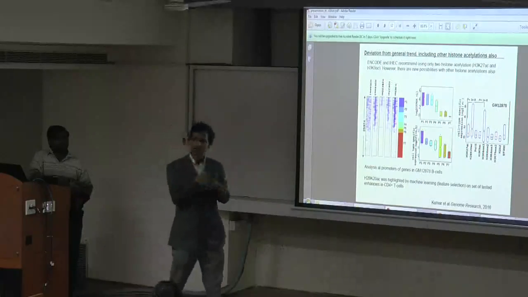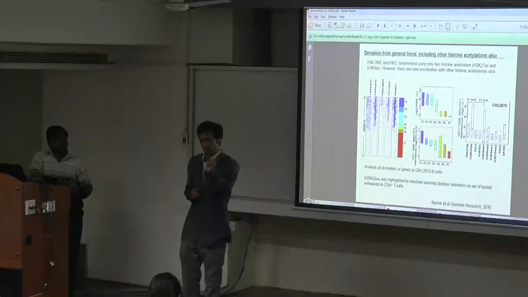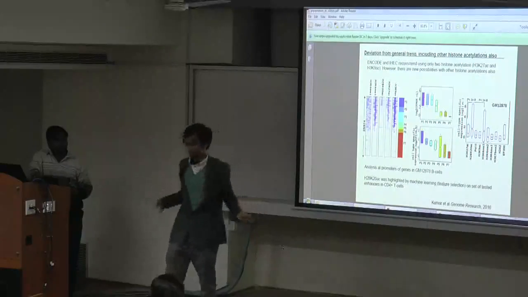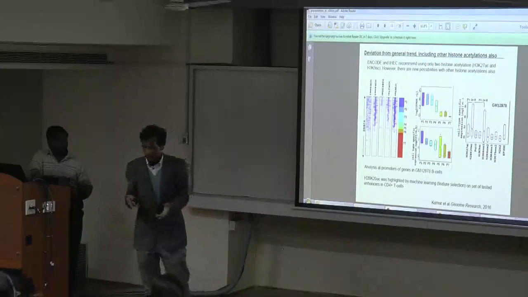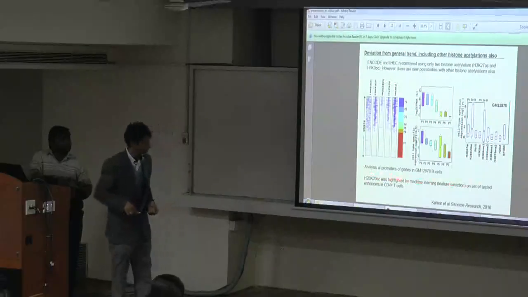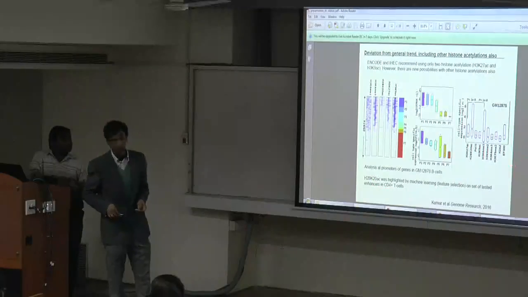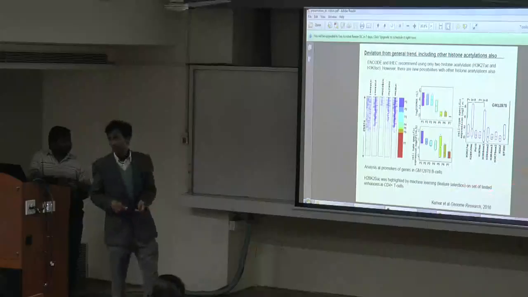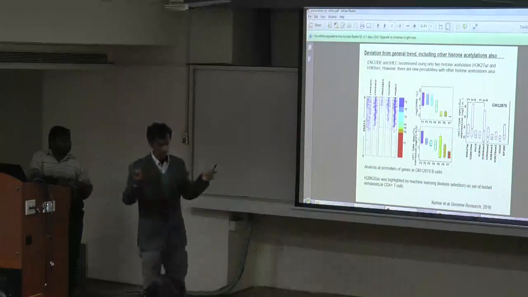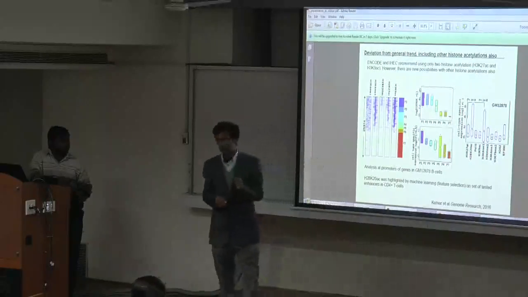There are 130 histone modifications, 35 histone acetylations, and we are just using one histone acetylation, H3K27 acetylation, to represent all histone acetylations. What about other histone acetylations? We did a study, and we did machine learning on a set of active enhancers in CD4 T cells. So we did a luciferase assay to find which are the active enhancers. So we tested 200 regions in CD4 T cells and tested for the activity as an enhancer.